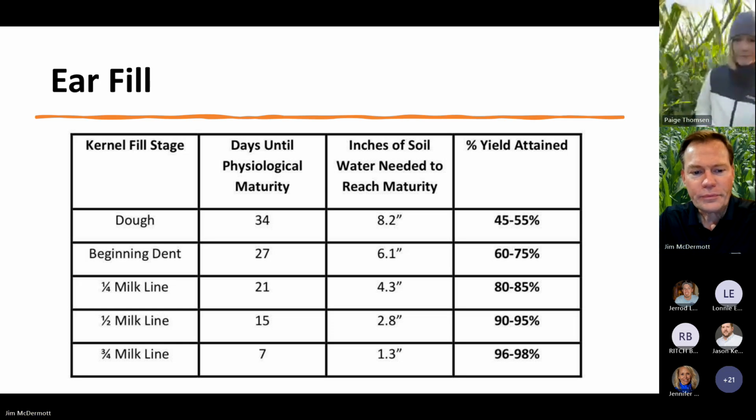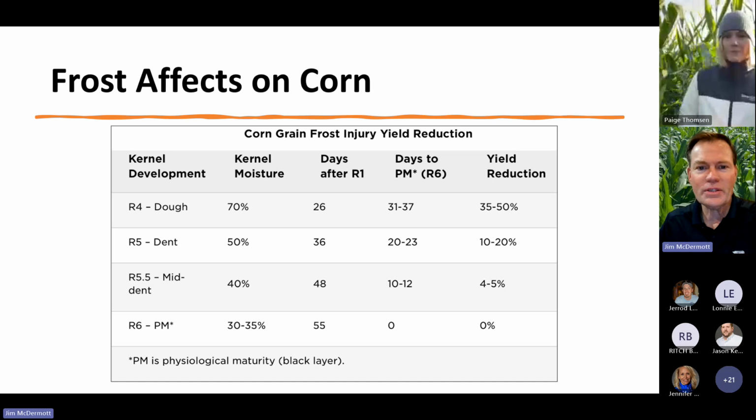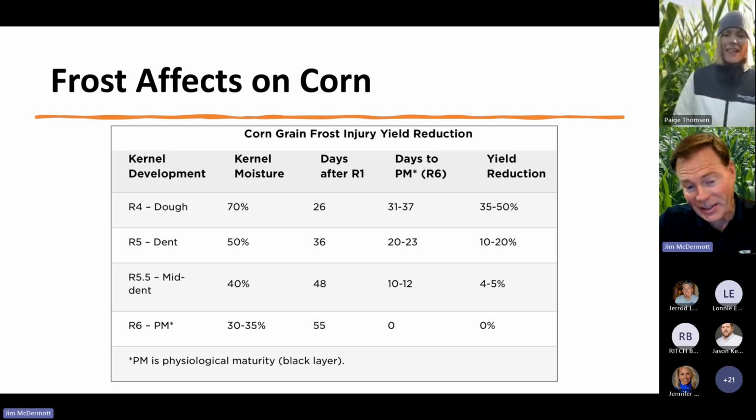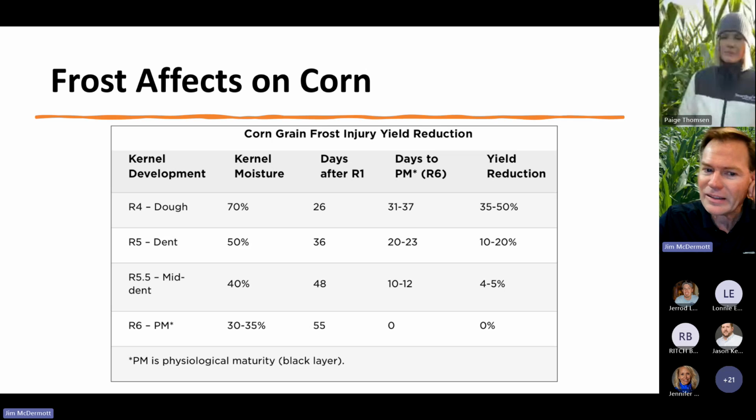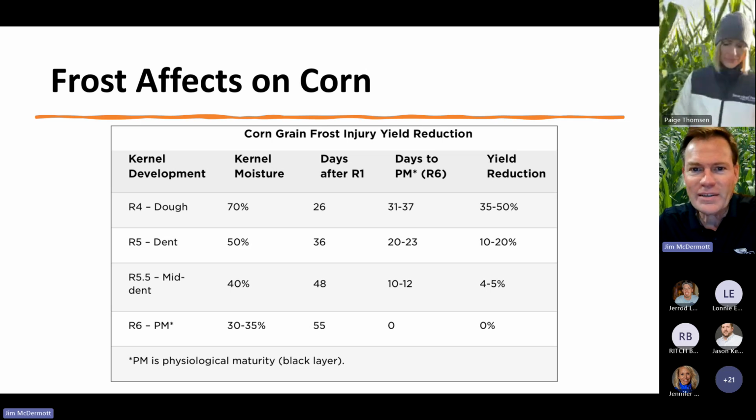Oh yeah. And then speaking of frost, I do have to bring up the F word, but hopefully nobody's at real high risk here for the next few weeks. It looks like once we get past this weekend, at least on the forecast that I was looking at, there wasn't much of a chance of frost for quite a while yet.